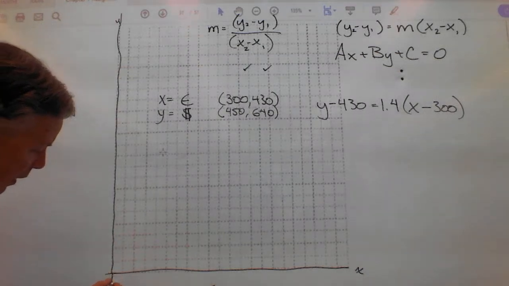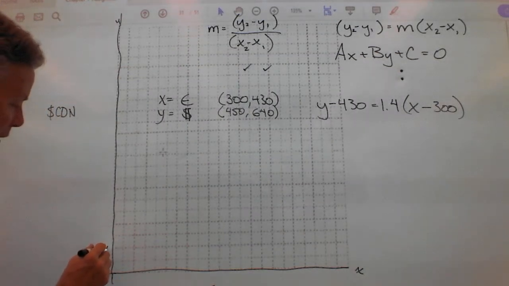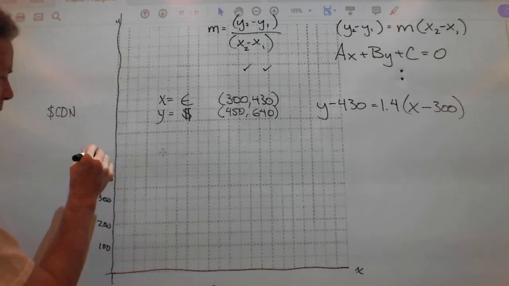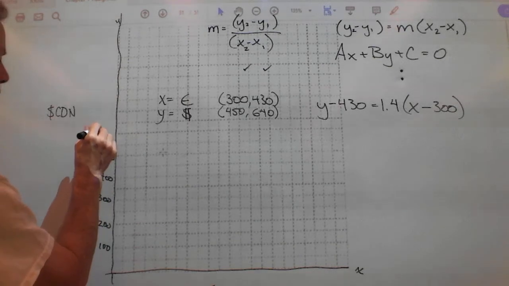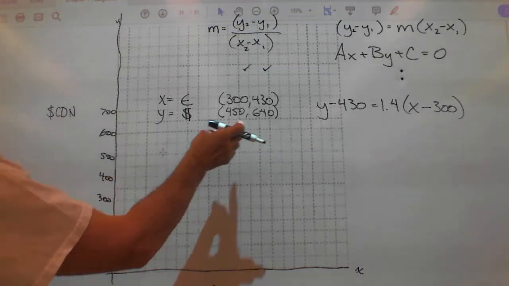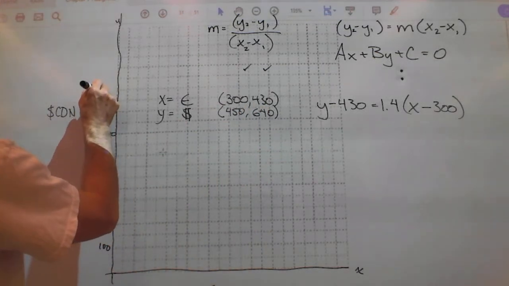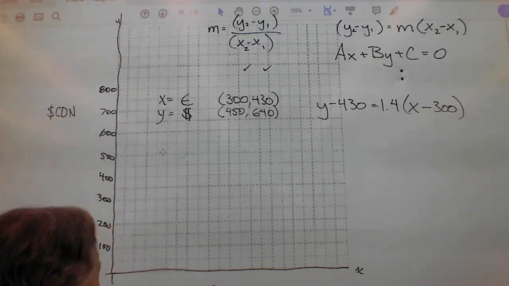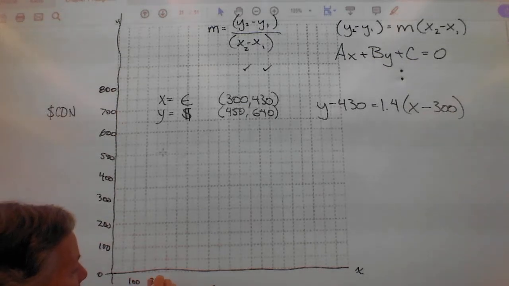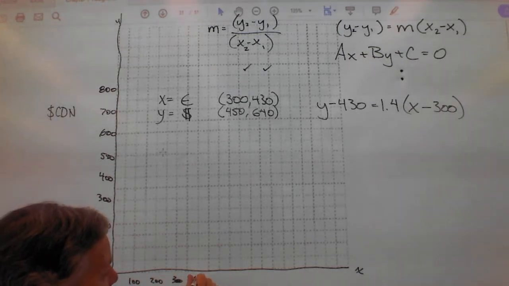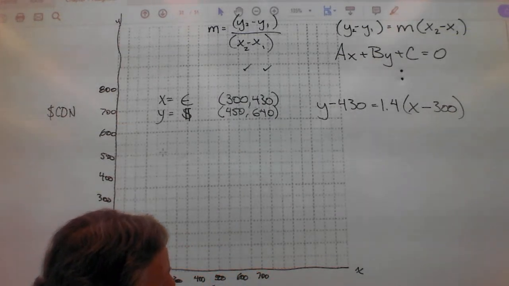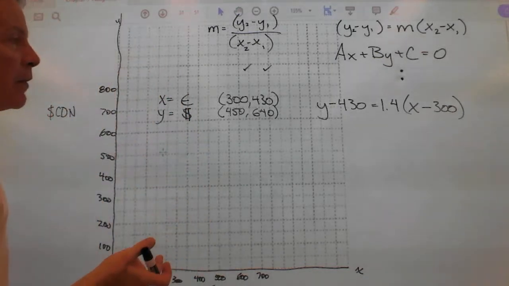So we'll start at 0, and in both cases we'll go up by 50, so that means we've got 100, 200, 300, 400, 500, 600, 700. That should be good enough. We'll put one more in, 800. And for the euros across the bottom, we'll do the same thing: 100, 200, 300, 400, 500, 600, 700.